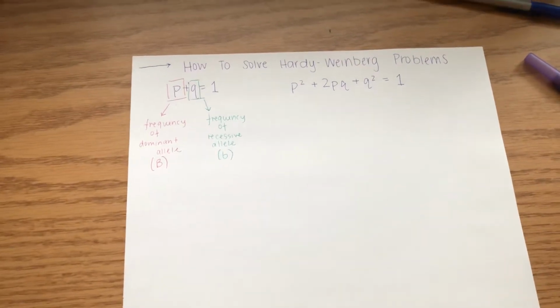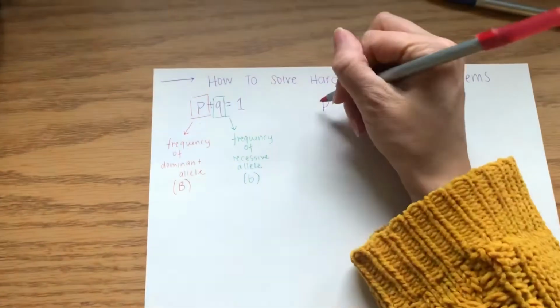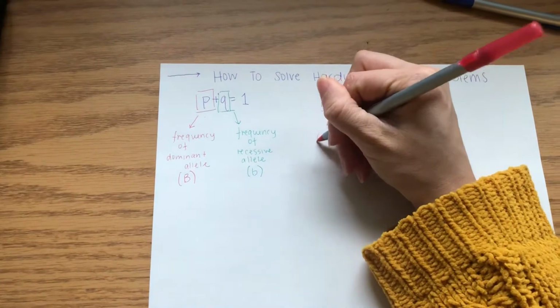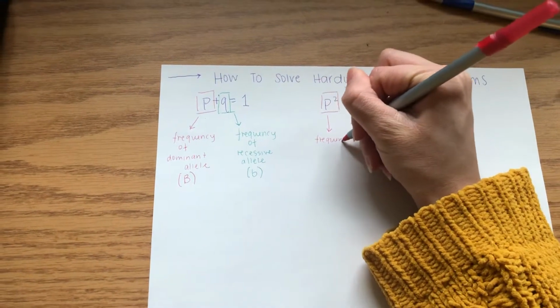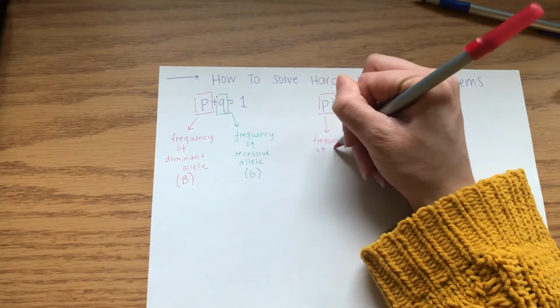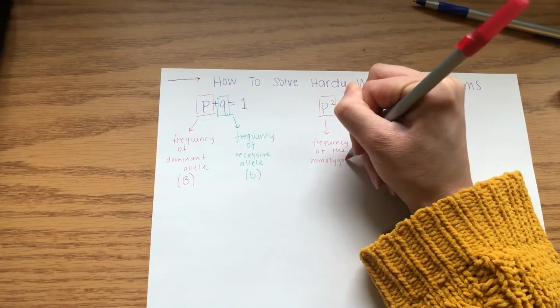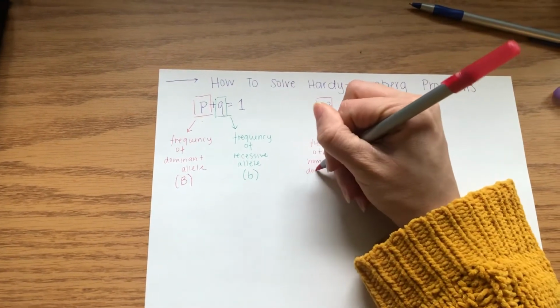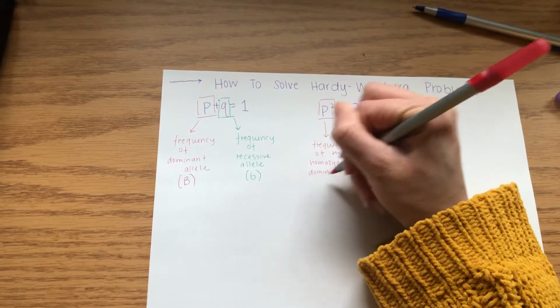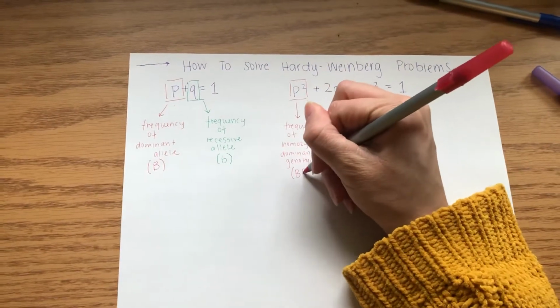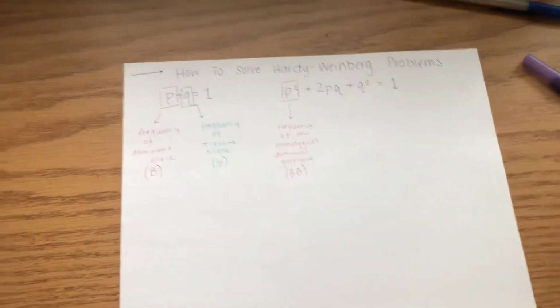So now we're going to go to our main equation here. So we have P squared. Now this is going to represent the frequency of the homozygous dominant genotype. So that would be our uppercase B, uppercase B. Okay?